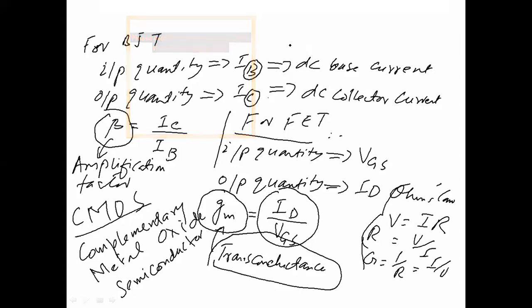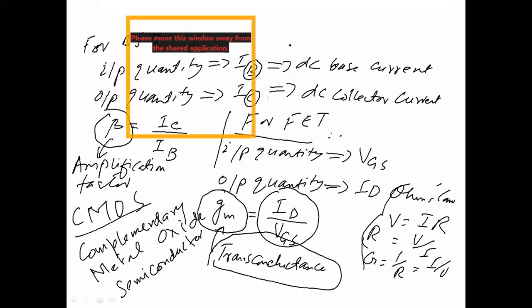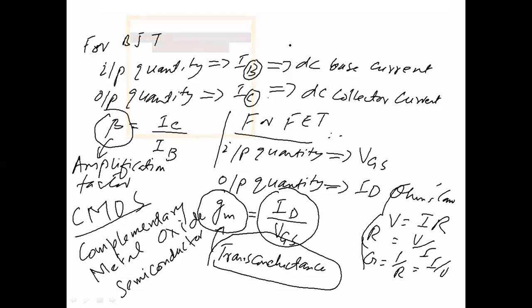So there is another approach. We can also analyze the FET amplifier using computer software, for example, using PSpice or Multisim, and we can perform DC analysis to obtain the circuit bias condition, and we can perform AC analysis to determine the small signal voltage gain.